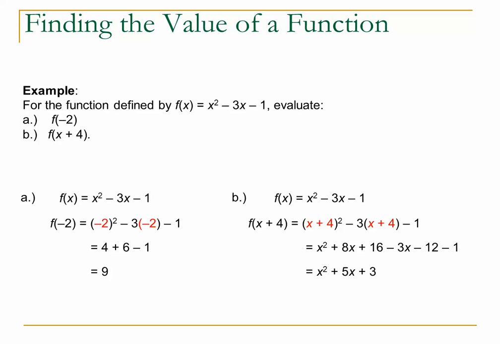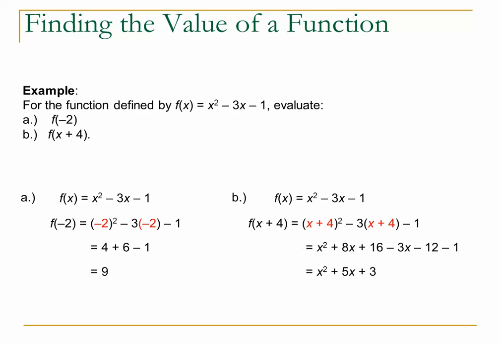Next, we combine like terms. So the x squared is by itself, but then we have 8x minus 3x, which is 5x. Plus 16 minus 12 is 4, minus 1 is 3. And it's perfectly fine to end up with x squared plus 5x plus 3. This is perfectly acceptable.